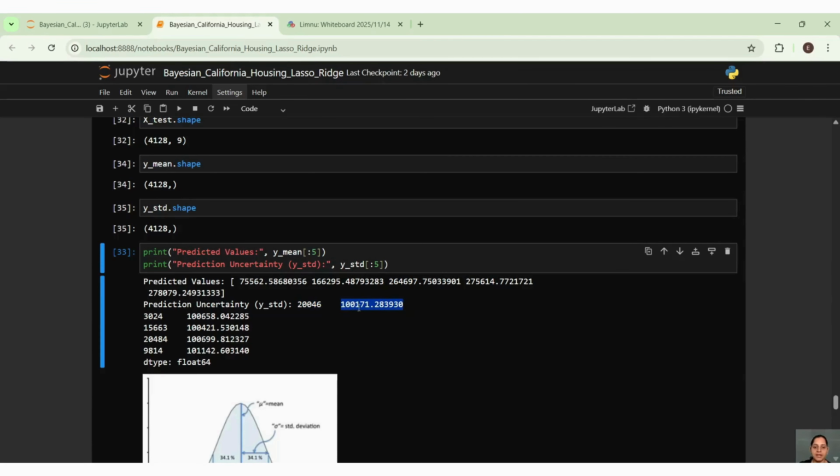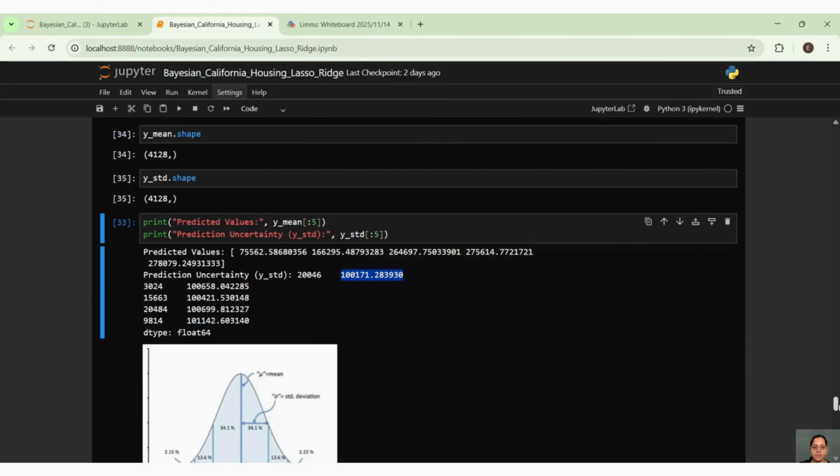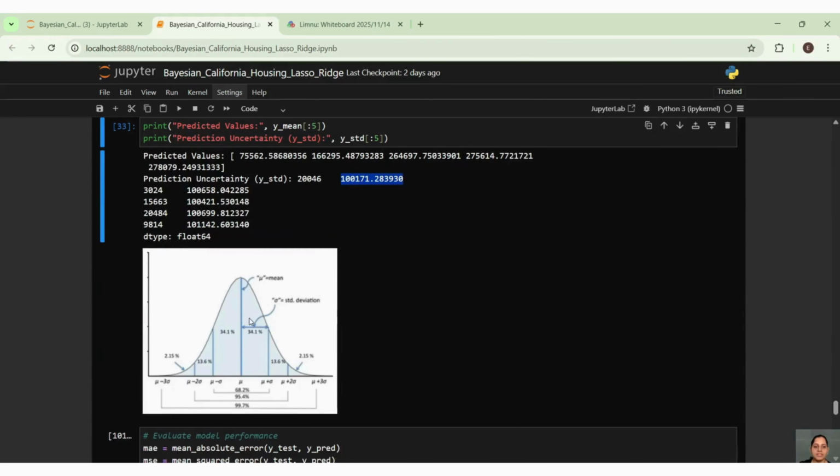1,171, then 1,658, like that we have the values, and this is how we are going to get our shape or the curve. So this is your mean, and this is your standard deviation.